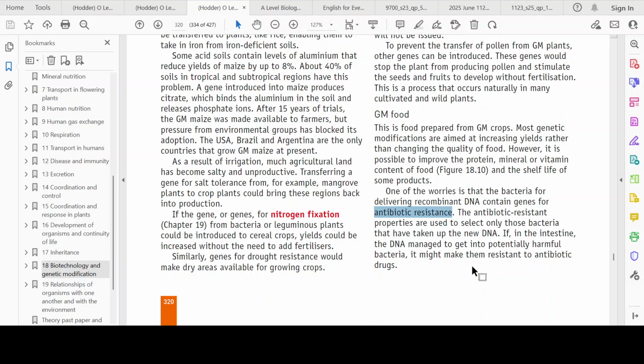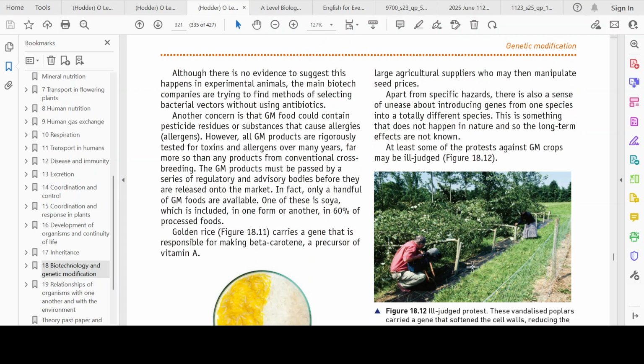So the ones that die off did not have the gene we put in. The ones that survive do have the gene that we put in, and then we grow them and we use them. So the problem is that they do have antibiotic resistance. So if they are able to pass that antibiotic resistance to other microorganisms, then you're going to have antibiotic resistance problems. So that's a major concern.